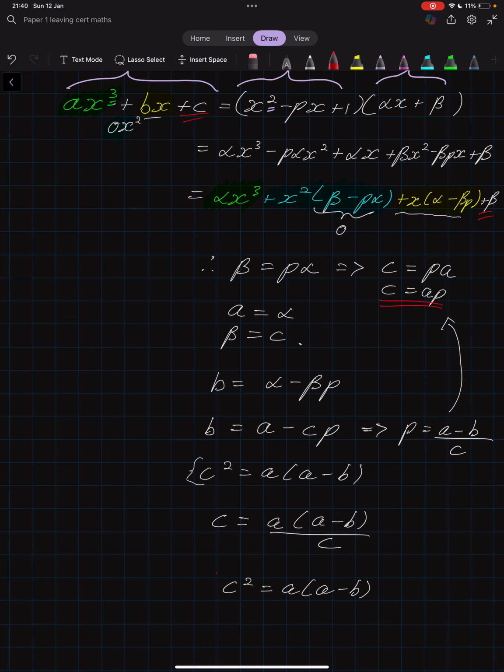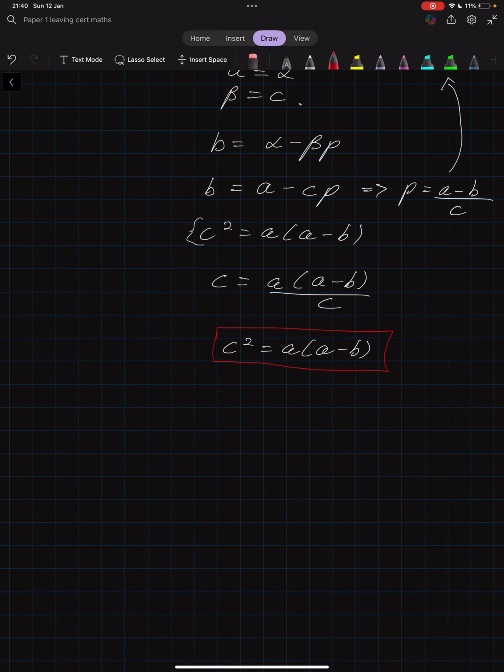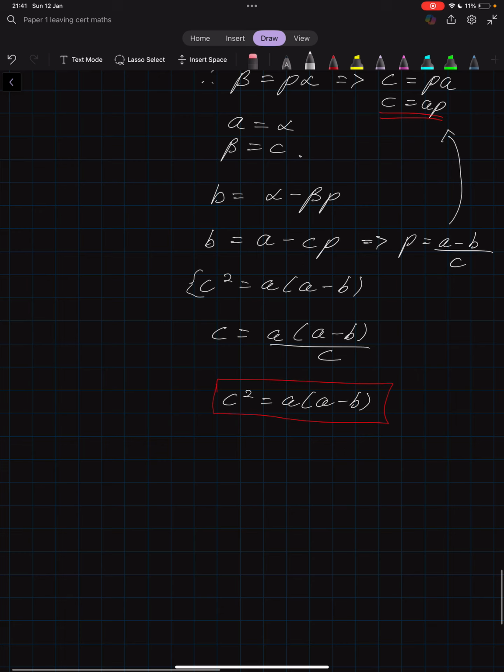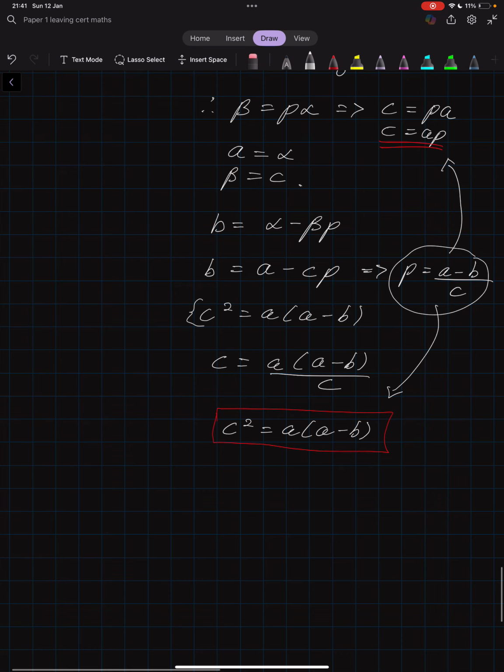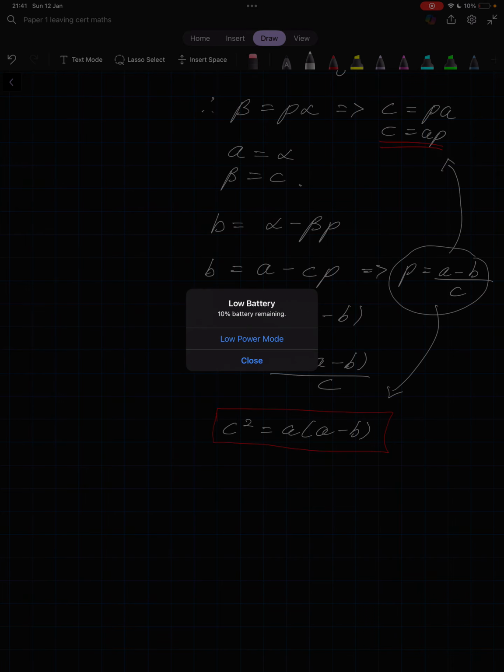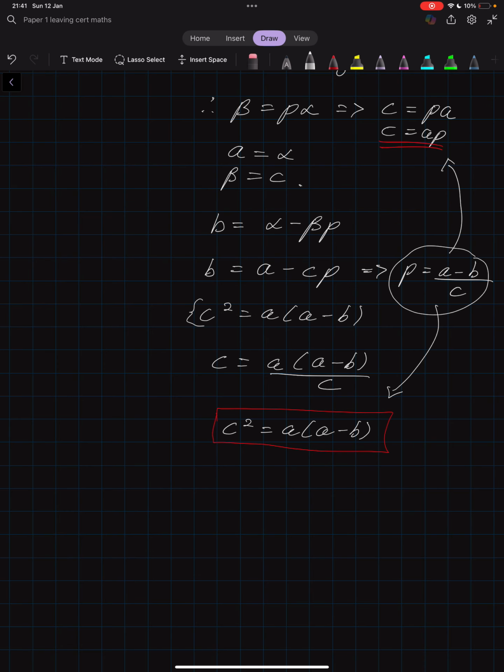Now the last one. The last one is simply going to come from here and this result. So I just put in there, p equals a minus b over c, and c equals ap.